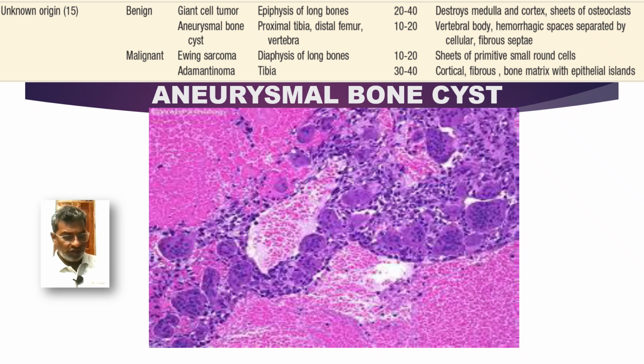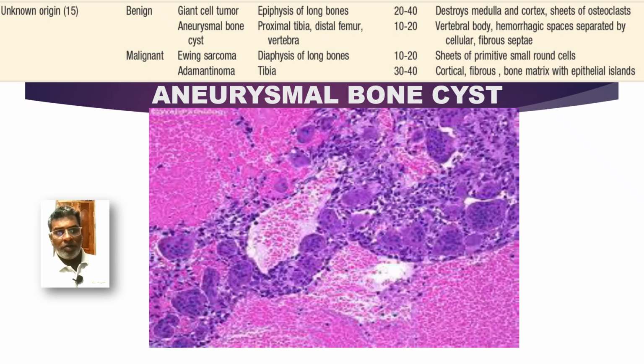Coming to malignant tumors, Ewing sarcoma arises in diaphysis of long bones, 10 to 20 years age group, with 11;22 translocation, EWS-FLI1 gene involvement. It is a small blue round cell tumor, and there are sheets of primitive small round cells on microscopy.